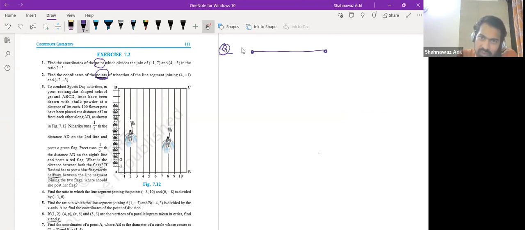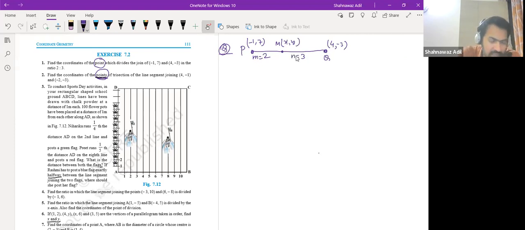We have these 2 points: minus 1, 7 and 4 comma minus 2. Then we have a point between these 2 points, let's say x, y, which divides it in the ratio 2 and 3. So m is 2, n is 3.